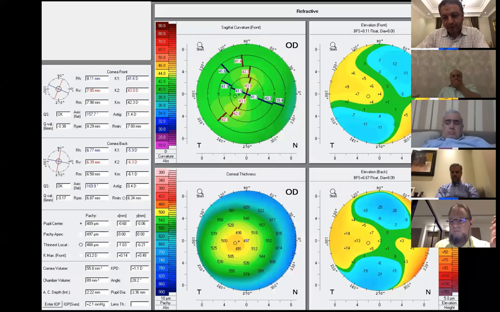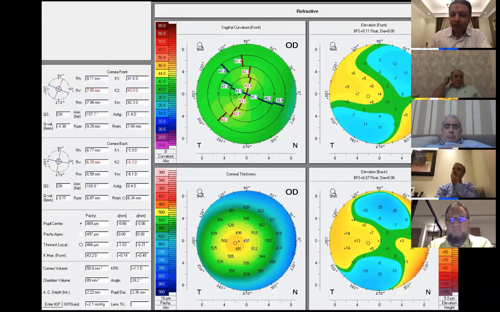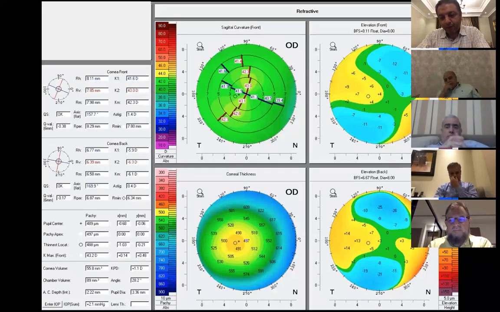I will consider +6. If not, I will go for the undercorrection to treat the hyperopia and get the optical benefits from the laser vision correction in such a case, because we know that patients with hyperopic spectacles suffer from optical aberrations with such errors. But we are assuming that this patient is not comfortable with the glasses, so he is seeking refractive surgery. If we agree that the thinnest location is 490, I will take it as a cutoff point.